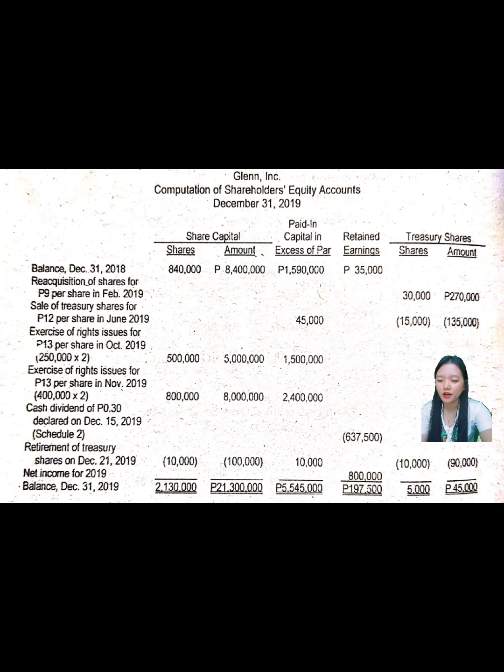So the net income for 2019 is 800,000 pesos.